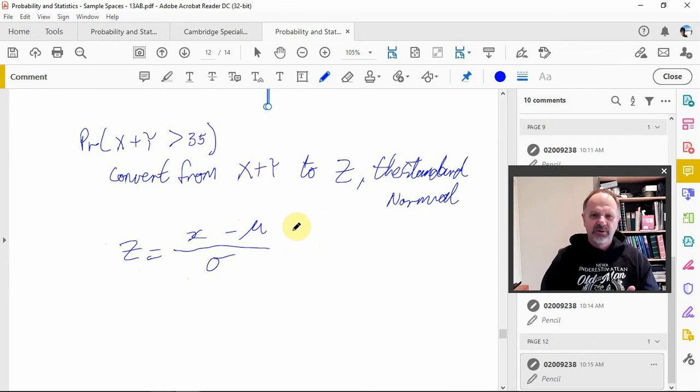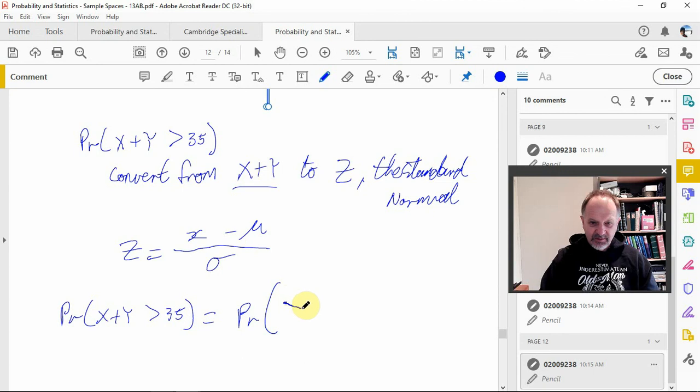Now that's fine when you're talking about one variable, but we're here talking about X plus Y. So in this case, our probability of X plus Y greater than 35, we want to change that to a probability of a Z value greater than, right?